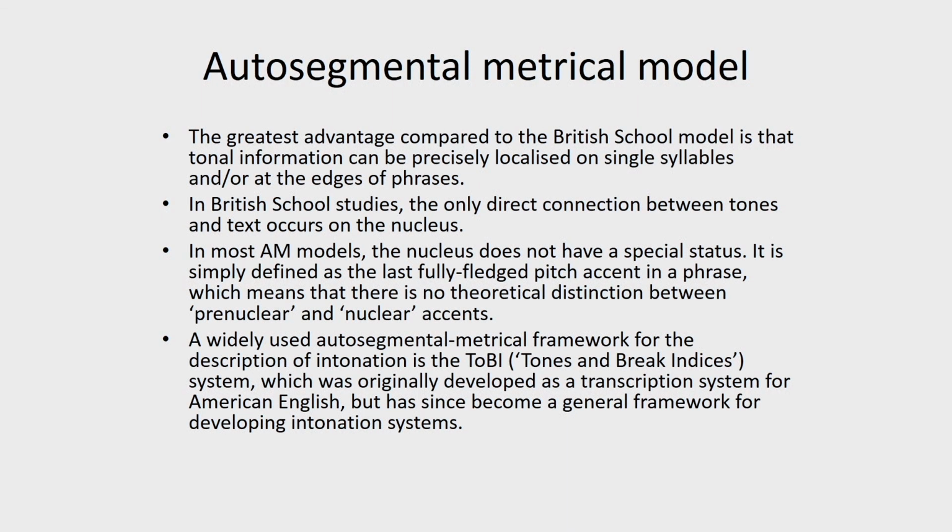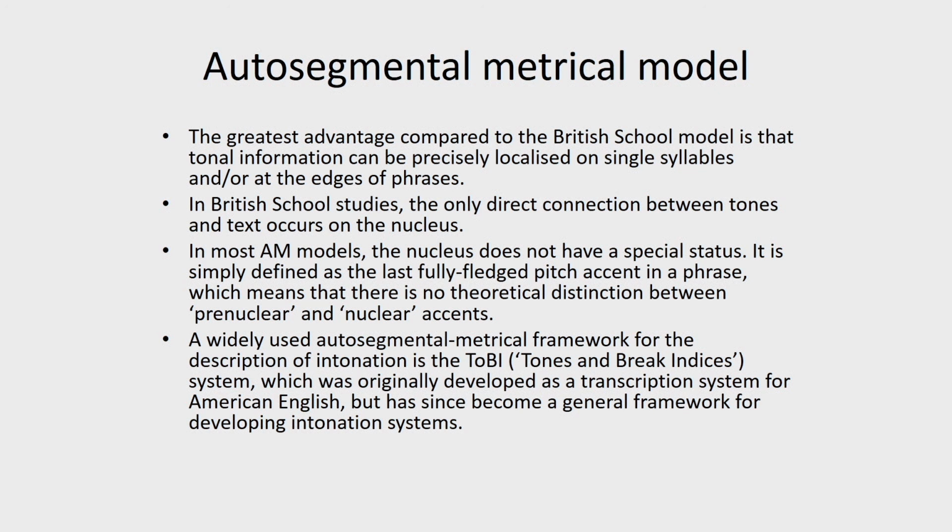The tune can thus be realized on a great many texts of different lengths and structures. The greatest advantage compared to the British school model is that tonal information can be precisely located on single syllables and at the edge of phrases. You do not need entire tone groups, or have it explained over a whole group of syllables.